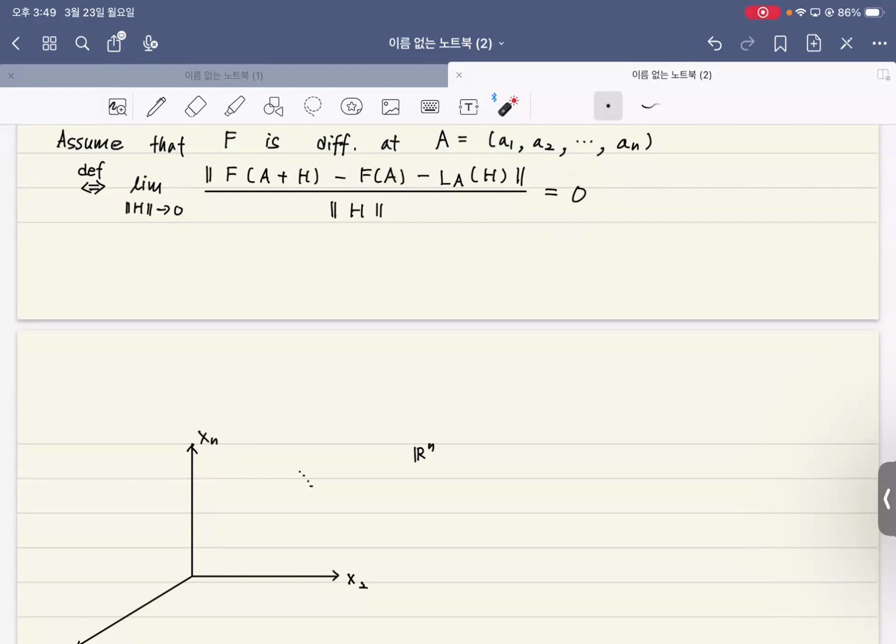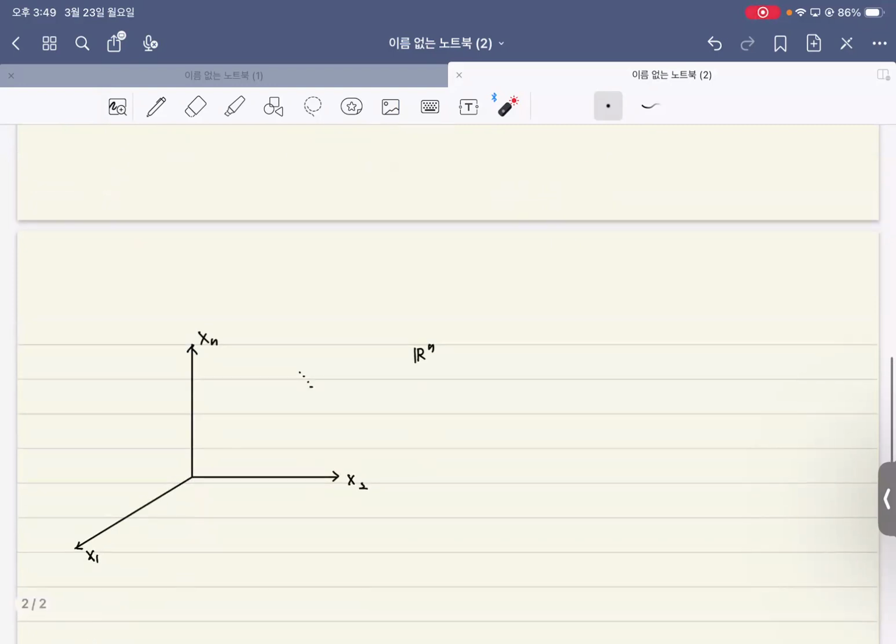So in this case, I will try to follow this route, along this x1 axis. So we follow H1.